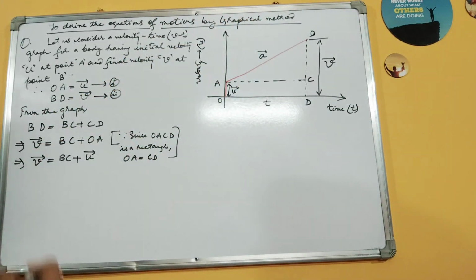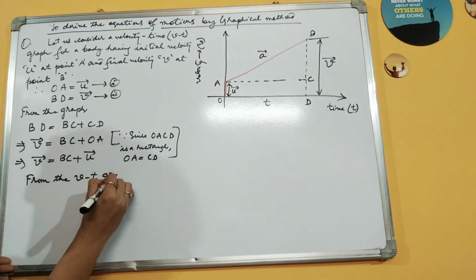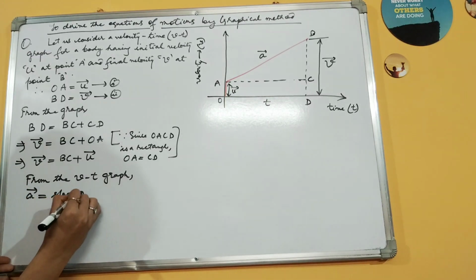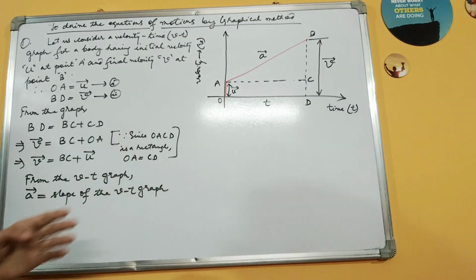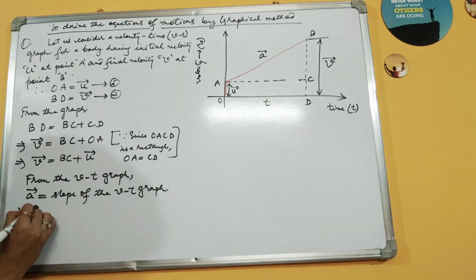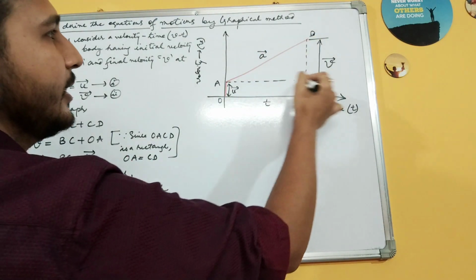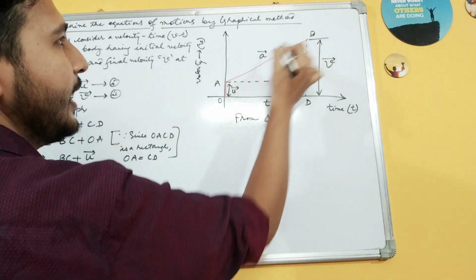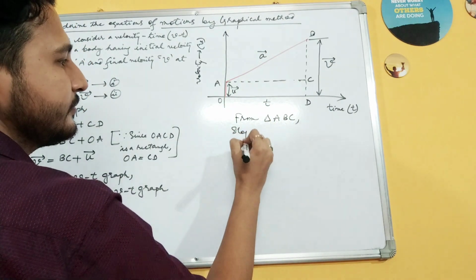Okay. Now we need to find out the slope. There is acceleration from the VT graph, from the velocity time graph. What is the value of A? A is equal to the slope of the VT graph. You know that acceleration gives the slope from the VT graph. Now, what is slope? Can we say y-axis by x-axis from this triangle? From triangle ABC, slope क्या है?